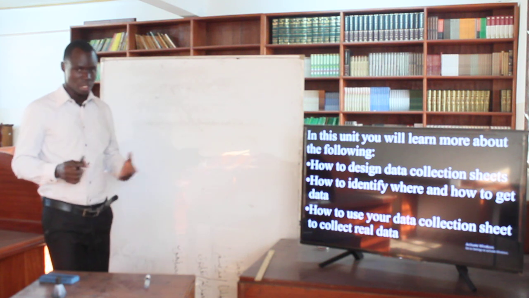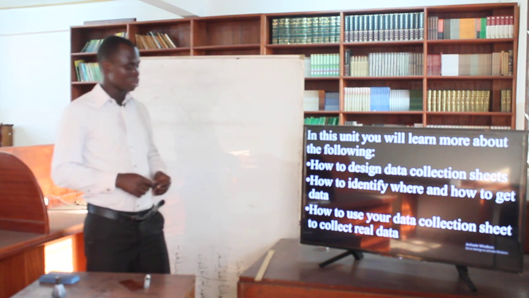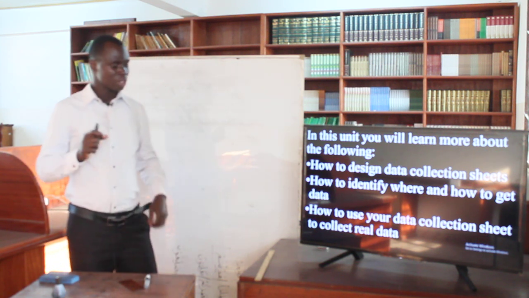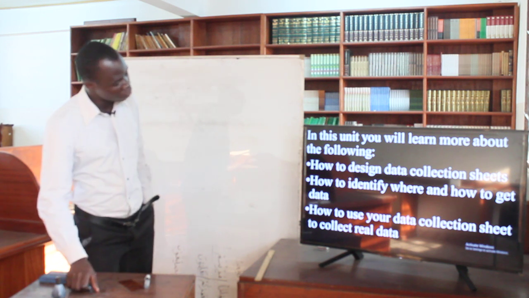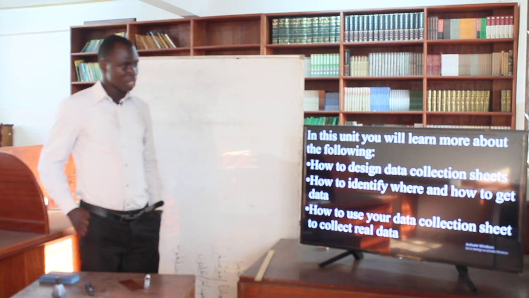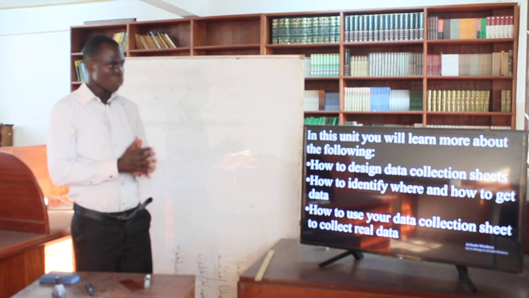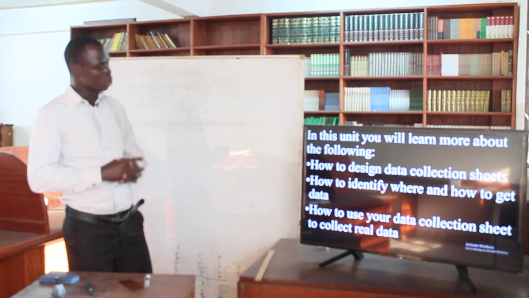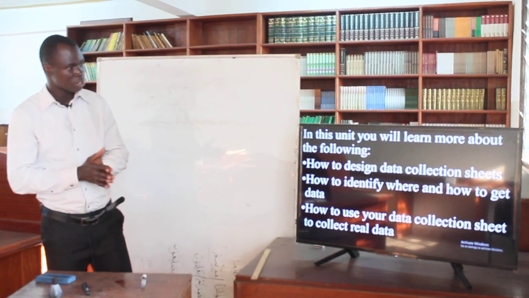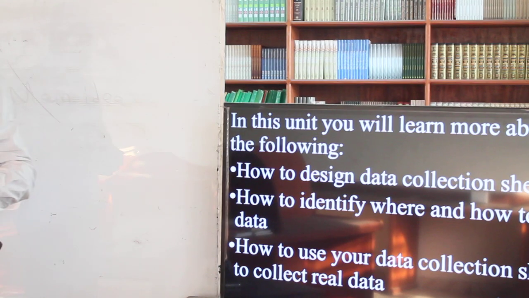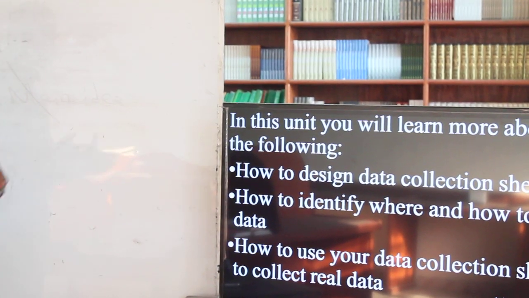So I've taught you statistics, and in statistics, one thing you have to have is data. And once you have this data, you record the data. And before you have it, you have to know which data you want.